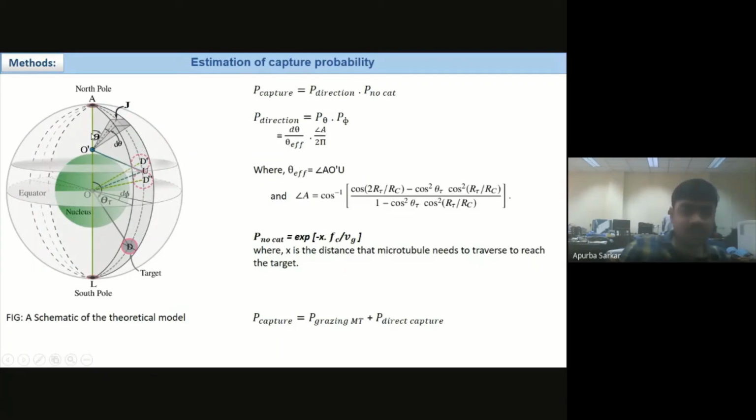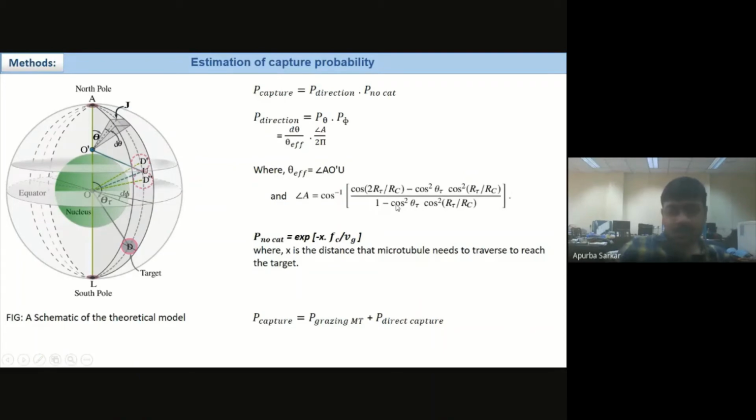Theta effective is this angle A, O prime, and U. If the microtubule nucleates at an angle greater than this angle, then the growth of those microtubules will be constrained by the nucleus. So here the allowed angle for microtubule nucleation is A, O prime, and U.